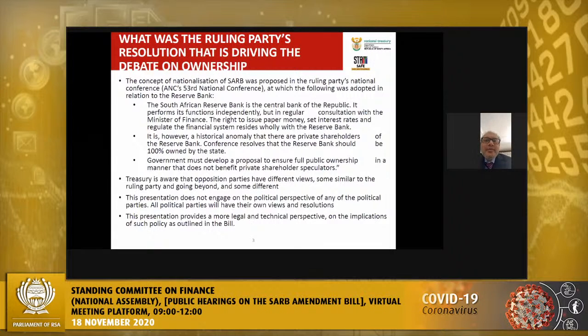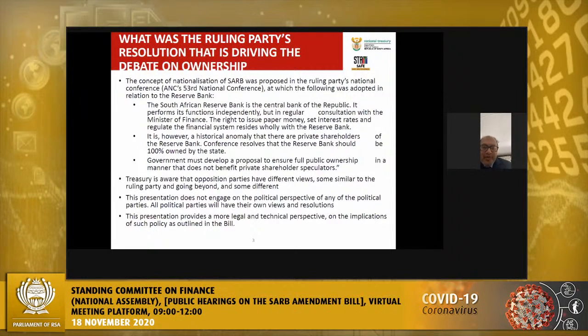The point is that we are there, and to move towards 100% ownership, the resolution also recognizes that this mustn't be done in a way that will unduly benefit private shareholders, speculators, of which there are some that we are aware of. So Treasury just wanted to put forward this perspective.